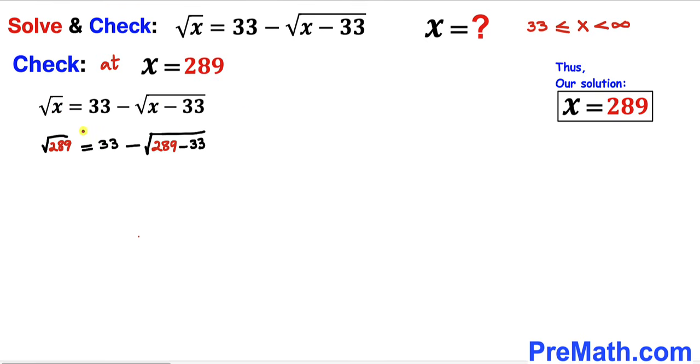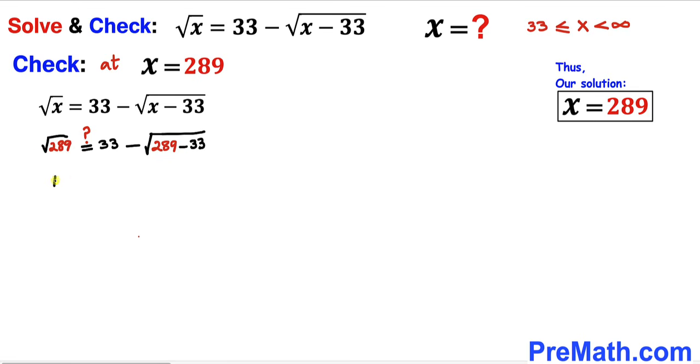And we are going to see whether the left hand side equals to the right hand side. And now we can see the square root of 289 is simply 17. And inside this radical part, 289 minus 33 is going to give us 256. If we take a square root of that one, that is going to give us simply 16.